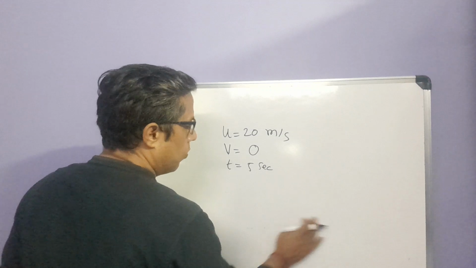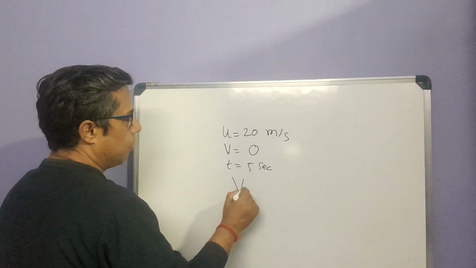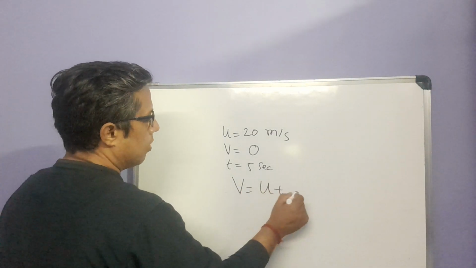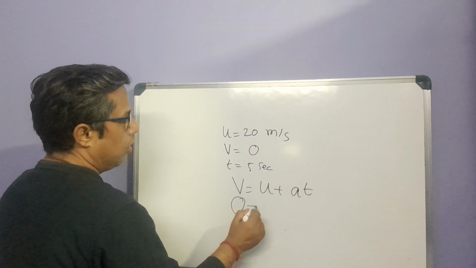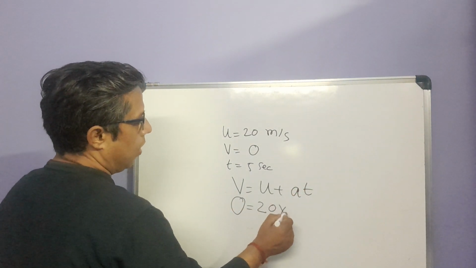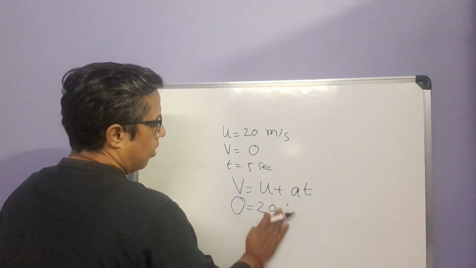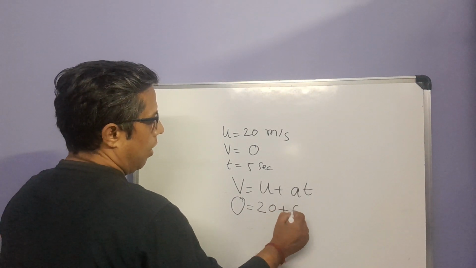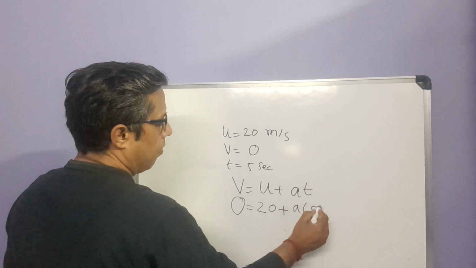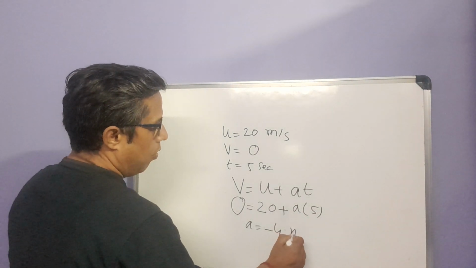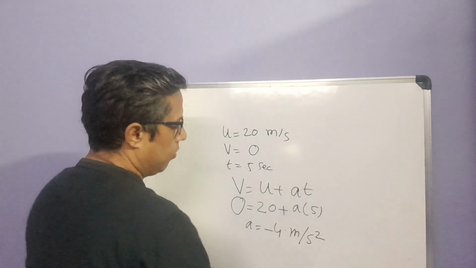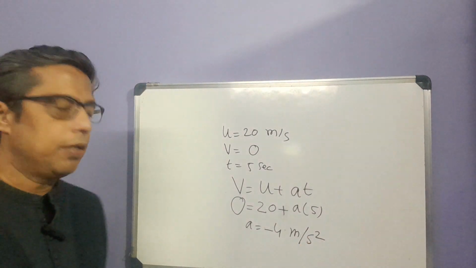What am I going to do? If I take the equation of motion v is equal to u plus at, v is 0, u is 20, a I don't know, t is 5. So I get a is equal to minus 4 meters per second square.